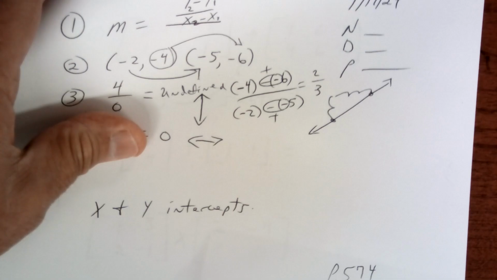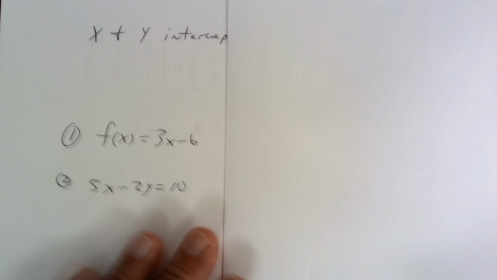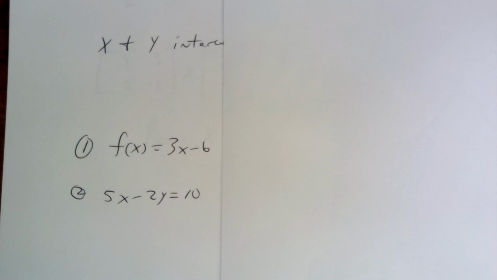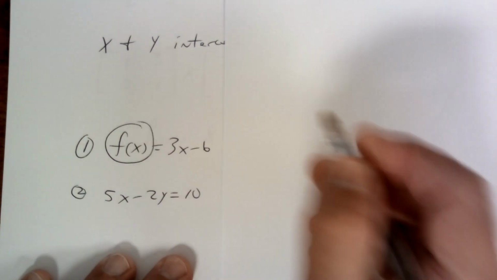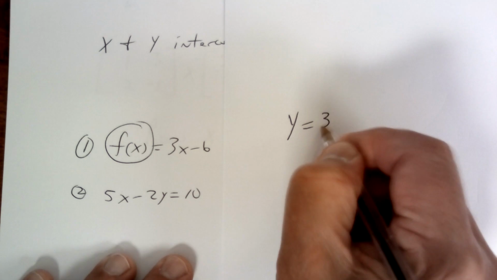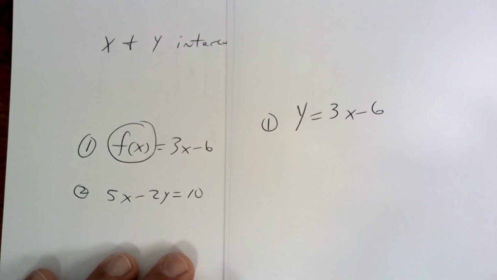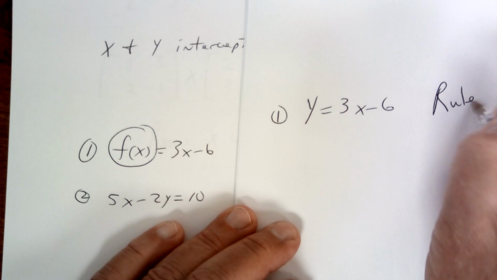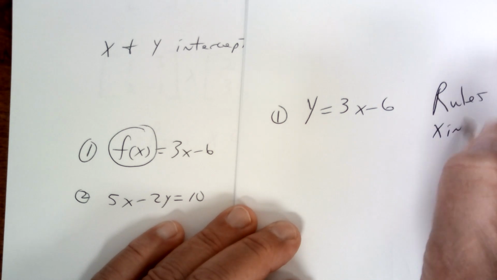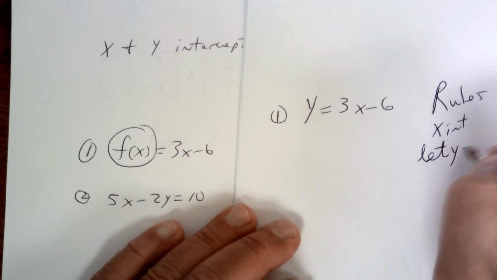All right, x and y intercepts. Copy down these two. Okay, now I'm going to teach you a way to do the x and y intercepts, so pay attention. First of all, f of x is really y, so put y equals. Okay? Now, write down these rules. To find the x-intercept, you let y equal 0.